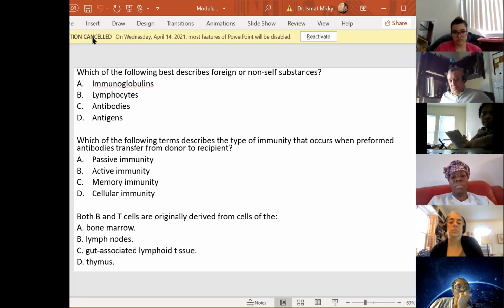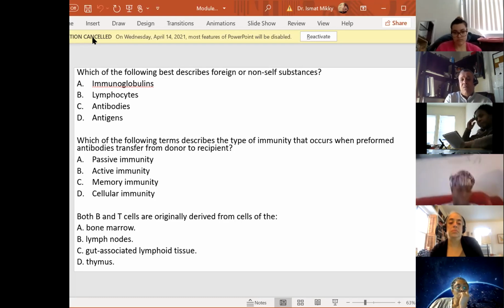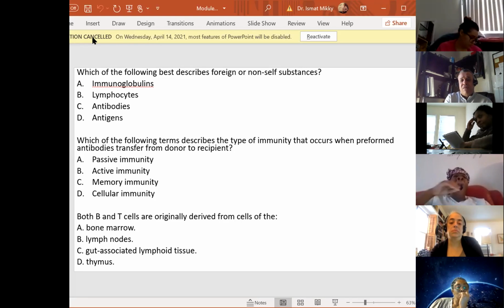Both B and T cells are originally derived from cells of the bone marrow? Yes. Lymph nodes, no. Thymus, no. Both T and B cells are differentiated, and once differentiated, they travel to the lymph node and lymphatic fluid, then reside there and live for the rest of their life.